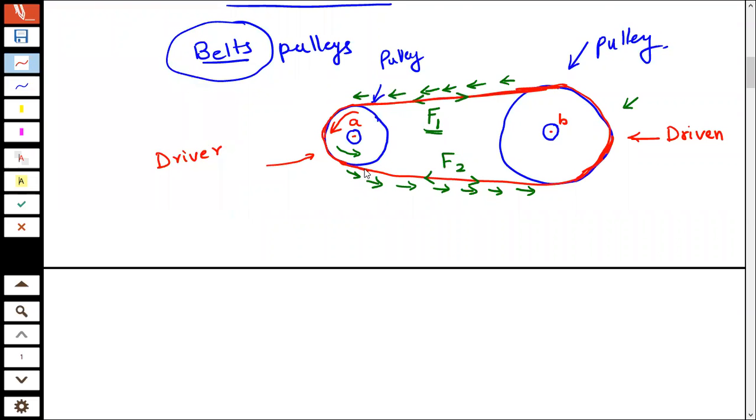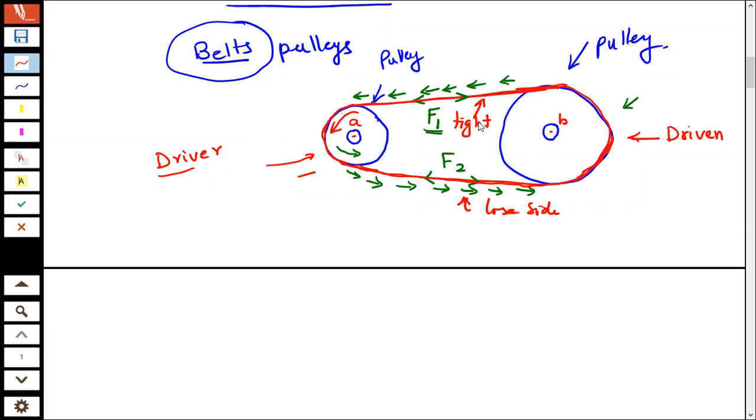Okay? But it is only in the case when this one is the driver and the direction of rotation is as we have mentioned over here. Now, this means that we have a tight side and a loose side.